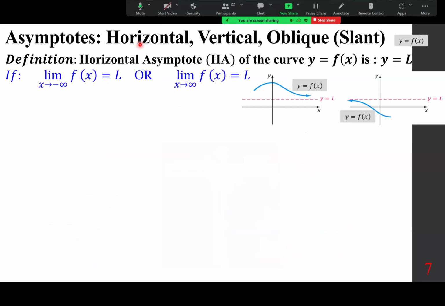Asymptotes: horizontal, vertical, oblique, or slant, where the function is y equals f of x.